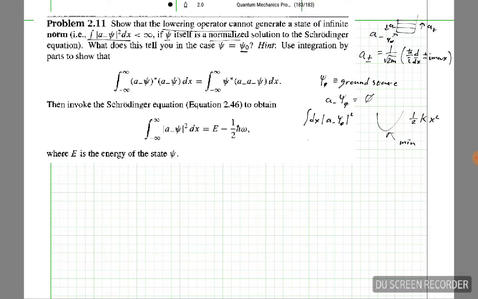So that means that if we have some solution psi n, it's normalized, so that if I integrate psi n squared over all space, I can normalize that to equal 1. Every state is normalizable, so I could apply a raising operator to it, and I could apply a lowering operator to it.